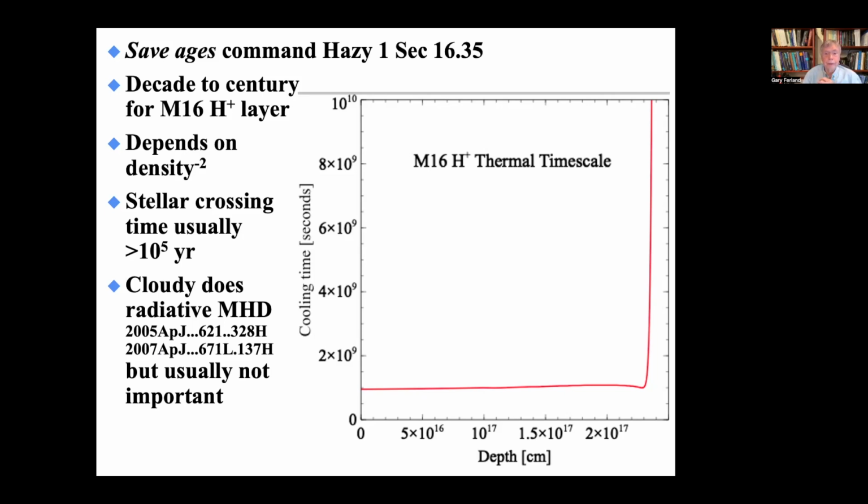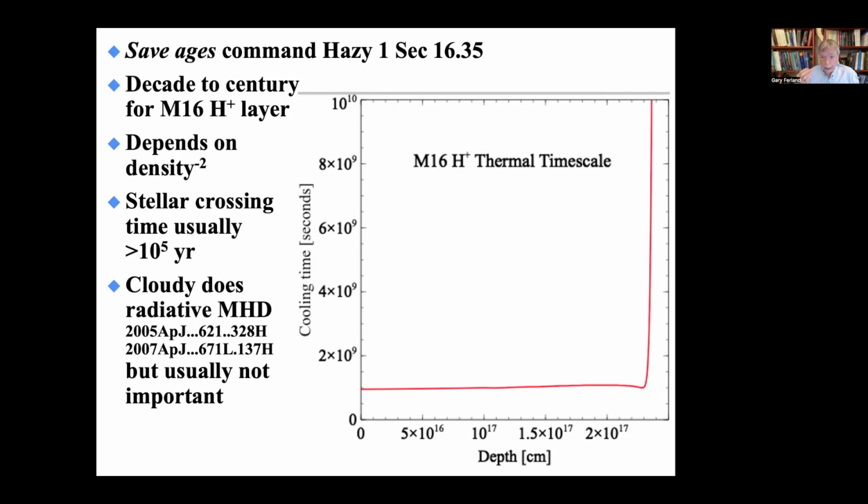You have to compare these timescales with other timescales in the system for things to change. The biggest concern, which often you can't do much about, is going to be the star cluster that powers the whole thing. Stars are very short-lived, a fraction of a million years, and they have their own peculiar velocity compared with the molecular cloud. So there's a crossing time.